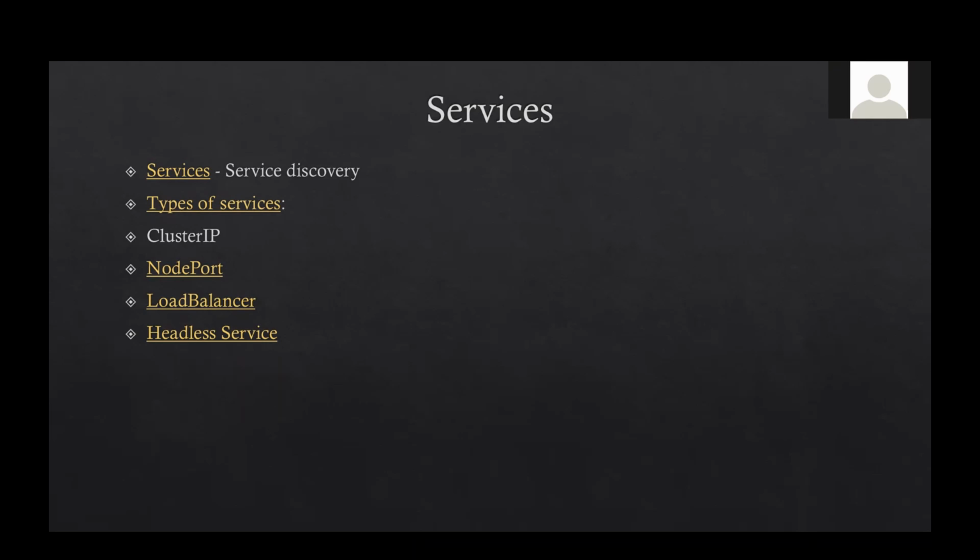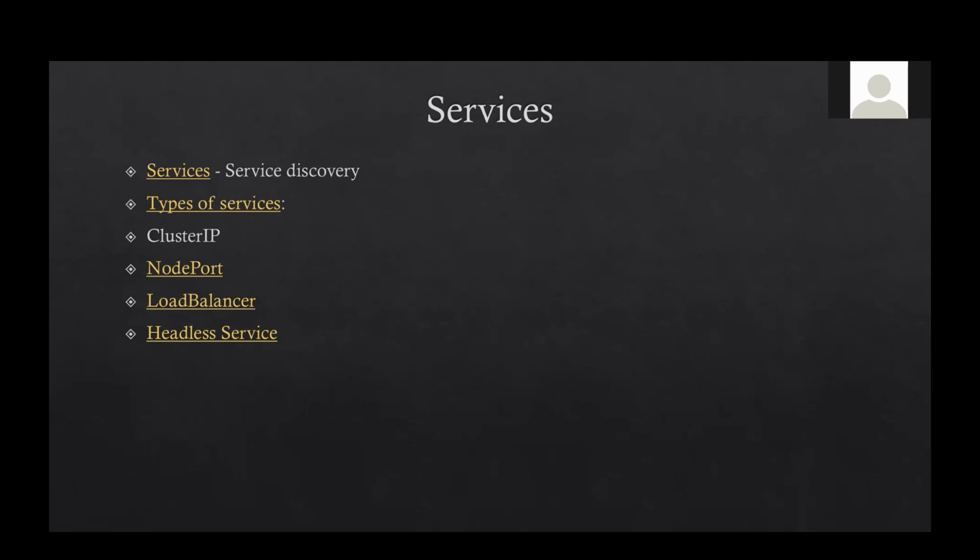But in case it goes down and a new pod comes up, it's going to redirect to the new pod. If I don't have a service, I can't really keep things going when pods die. Pod dies, for example, right? So that's why services provide a crucial function of service discovery.